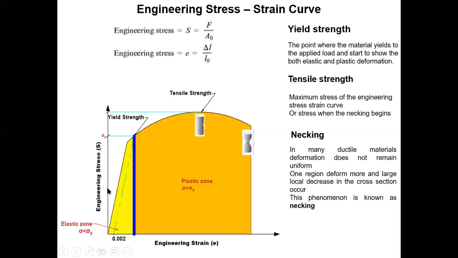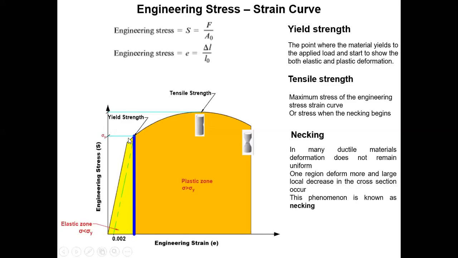When you keep the loading increasing, that means you increase the stress, then you will have a linear region like this, right? After a certain stress level, this graph is going to curve. That means at this linear region, they often show elastic behaviors.